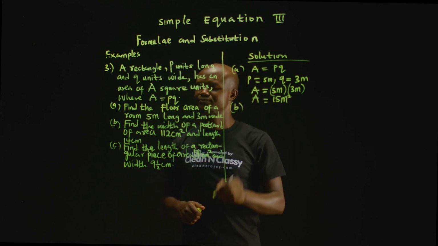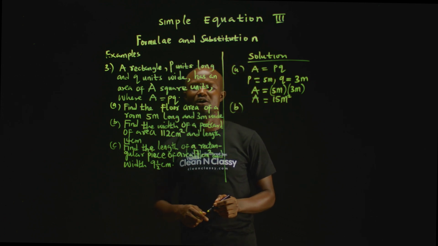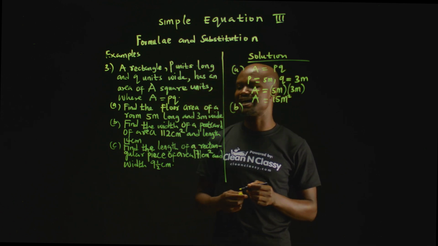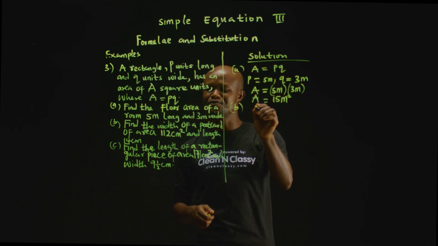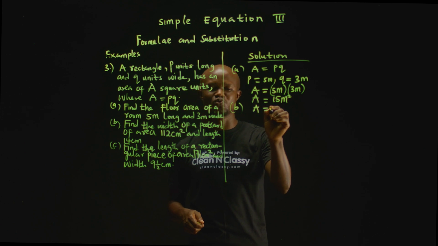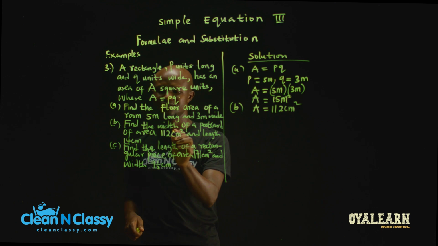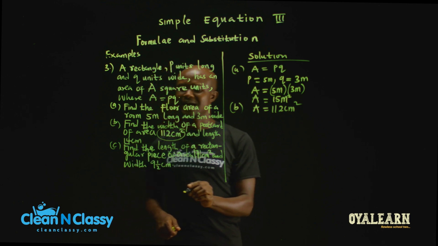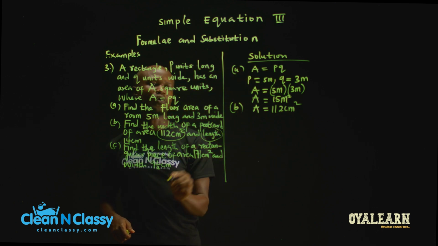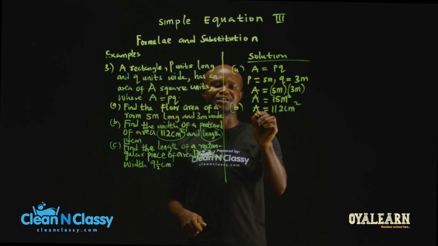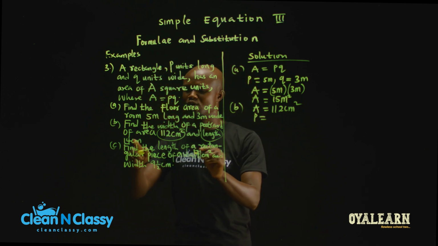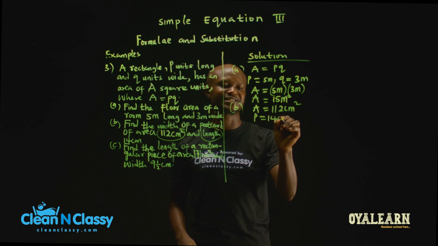B. Find the width of a postcard of area, that is given, A equals 112 centimeters squared from the question. And the length, what does the length represent? That is P. P equals 14 centimeters.